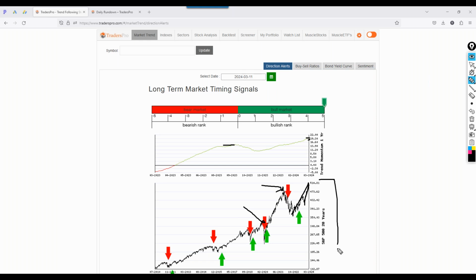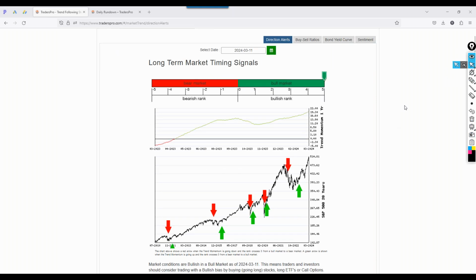And you can see that just by eyeballing the magnitude of the rally right here, even this line right here. Now this lower chart right here is the S&P 500 over the last 20 years. So there's two different parts. This part right here is only analyzing the last year. It's only showing about this much of data. This green arrow that's right here, when we get this crossover, it's right here at this point.